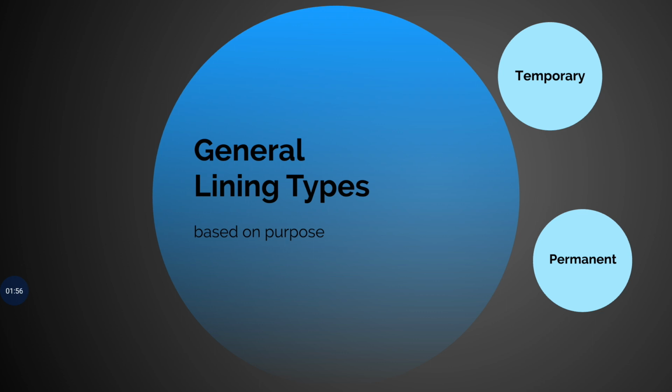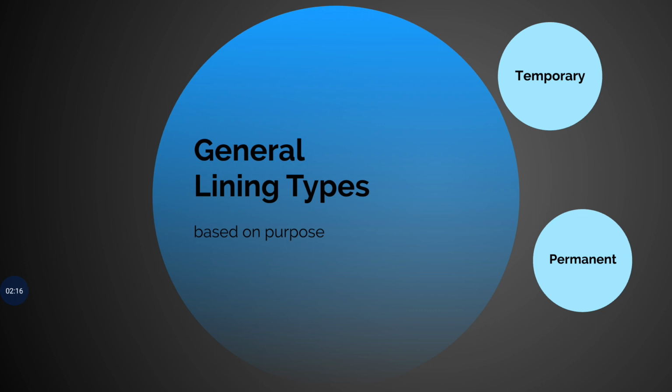If we talk about the general lining types, you can say permanent and temporary. Under temporary, we can also call it a primary lining.